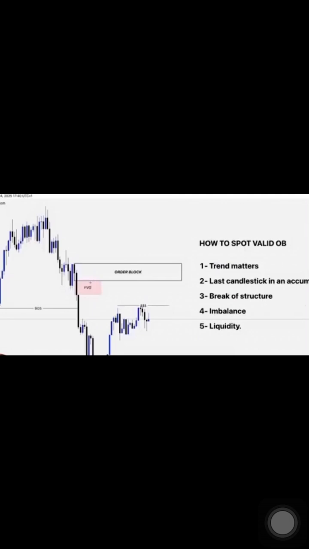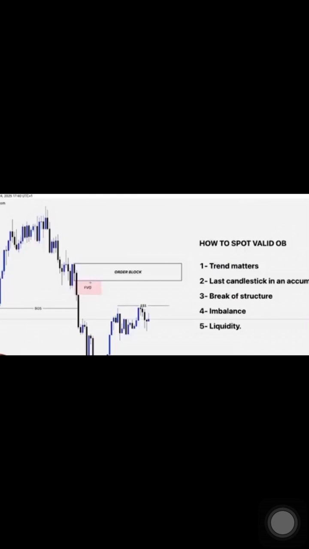Second, the last candle in accumulation. Let me break it down: the last candle before that aggressive trend, a trend that just went towards a particular direction.